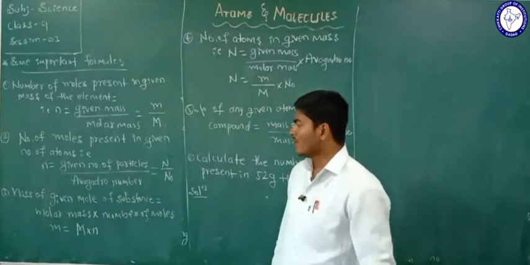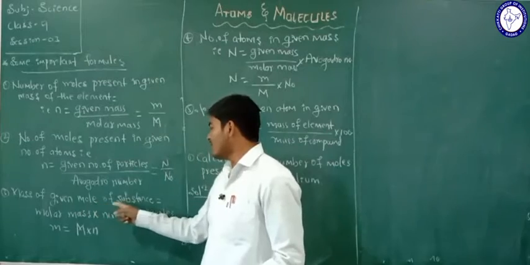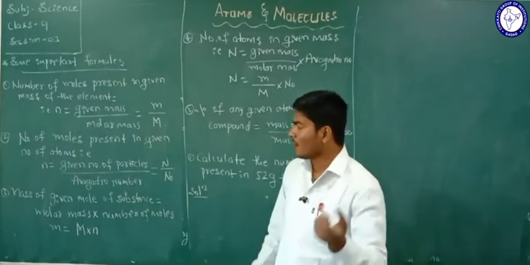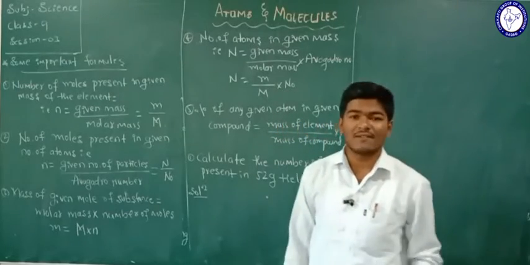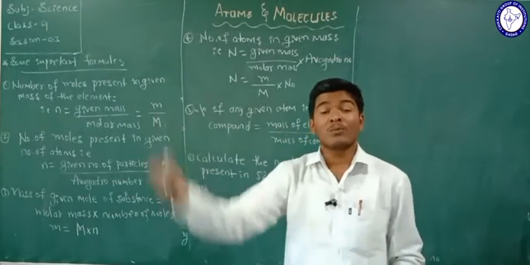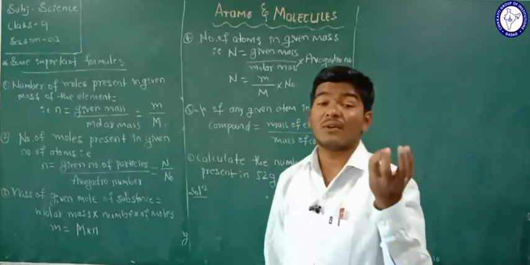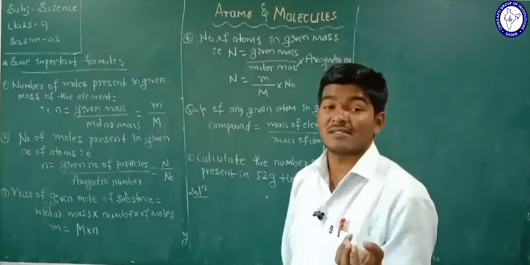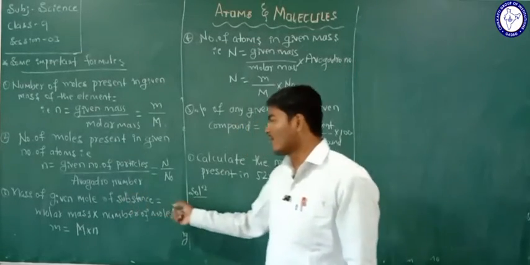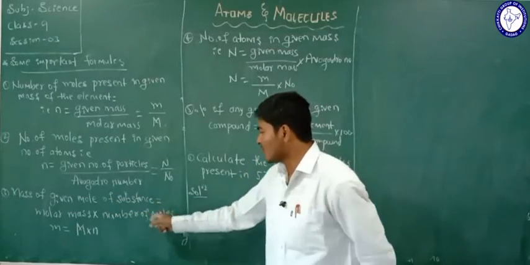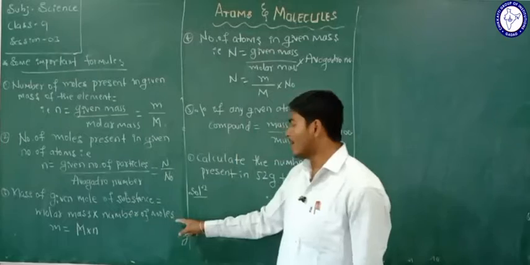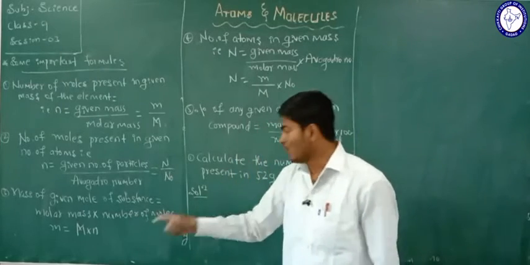The third important formula is the mass of the given moles of substance. If they give 3 moles of oxygen, or 4 moles of oxygen, what is the mass of those moles of oxygen? That can be calculated by this formula: mass of given moles of substance equals molar mass into number of moles.